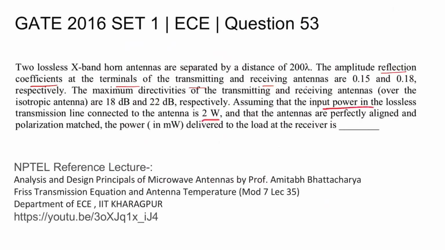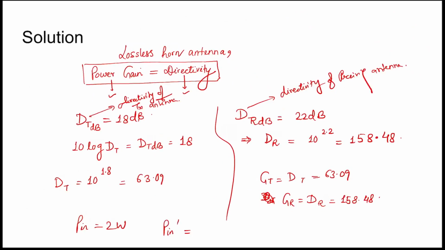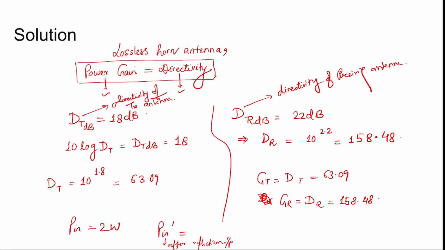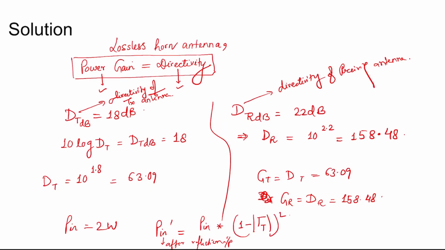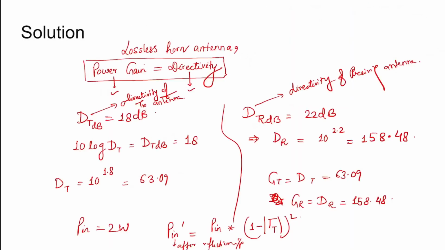The input power is given in the question to be 2 watt. So 2 watt is the input power to the antenna. Now we need to calculate P in prime, the actual input after reflection. So the actual input power is 1 minus the reflection coefficient of the transmitting side, whole square, multiplied by 2. The reflection coefficient of the transmitting side is 0.15, and that of the receiving side is 0.18.